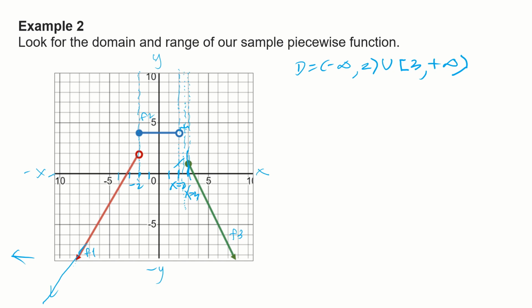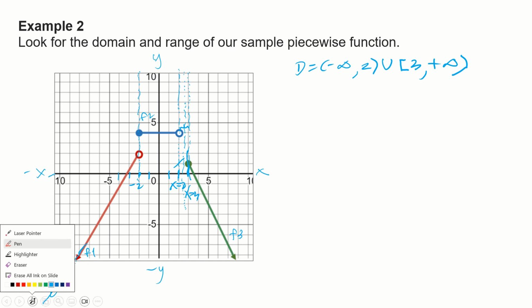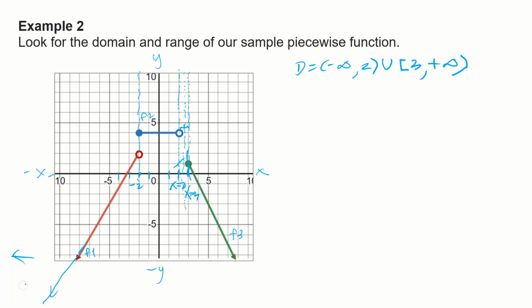And for the range, we will start from the bottom. We have arrowheads here, so the range begins from negative infinity. At this point, if we draw a horizontal line test, the graphs of subfunction 3 and subfunction 1 share the same value.